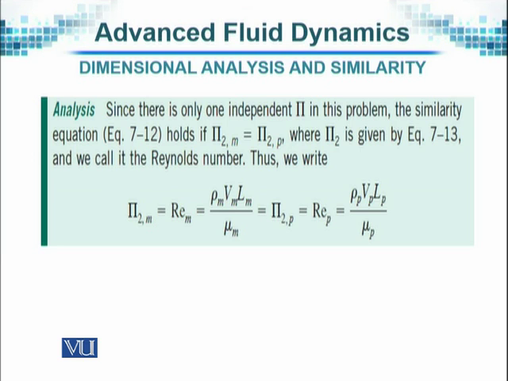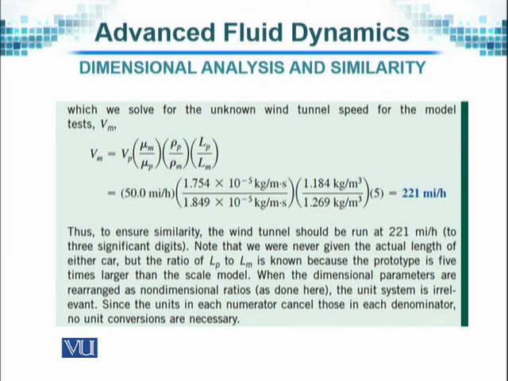The Reynolds number for the model is given with m reflecting the model and p indicating the prototype. So these values for the particular variables are substituted, and the value is obtained.